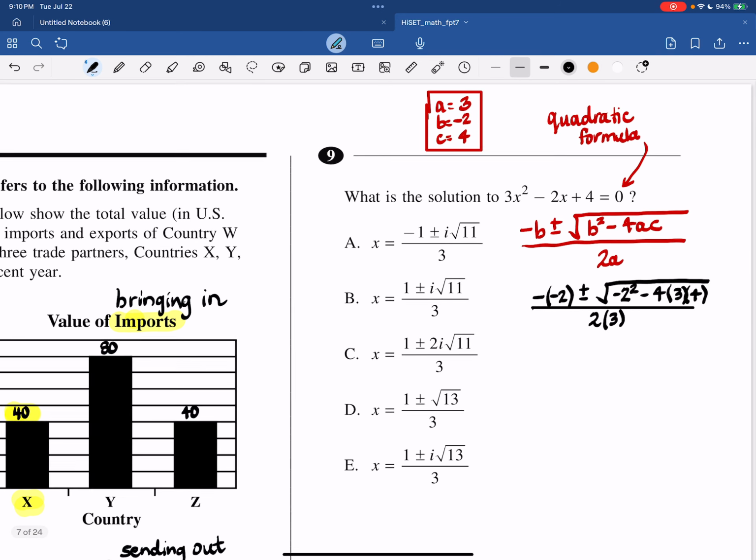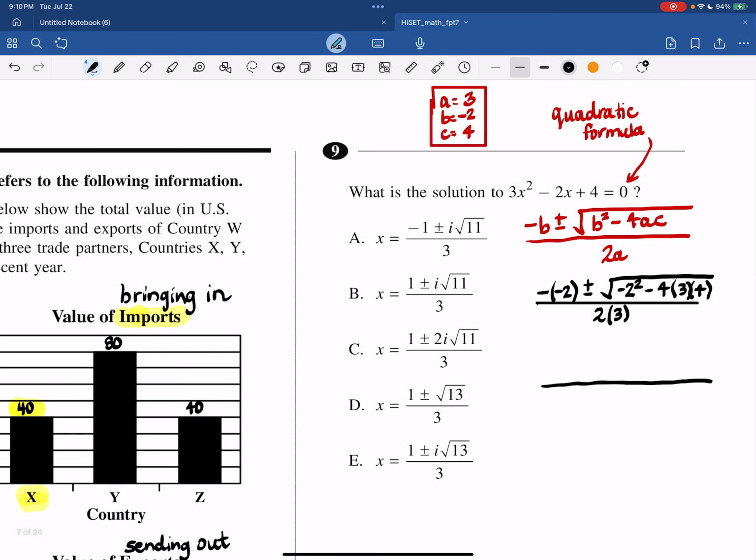Stick to your method. 2 times 3 on the bottom is 6. That's the easiest part. A negative 2 makes a positive 2. The negatives work together to become a positive. And then plus or minus the square root of negative 2 to the second power, that's negative 2 times negative 2, that's positive 4, minus 4 times 3, that's 12, times 4 is 48.